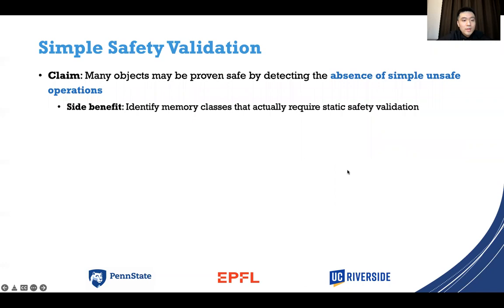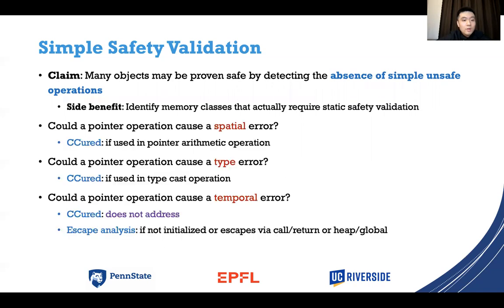Now we look into the details of each step. In step 1, the claim is that many objects may be proven safe by detecting the absence of simple unsafe operations. But how do we detect them? Remember, we have 3 classes of memory errors, so we have 3 kinds of unsafe operations.